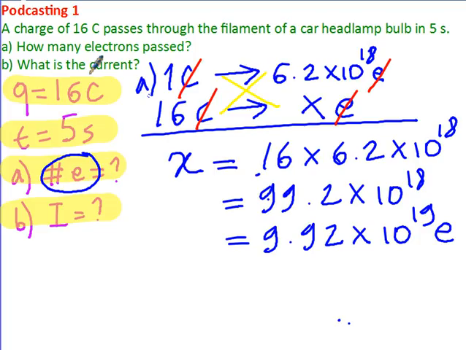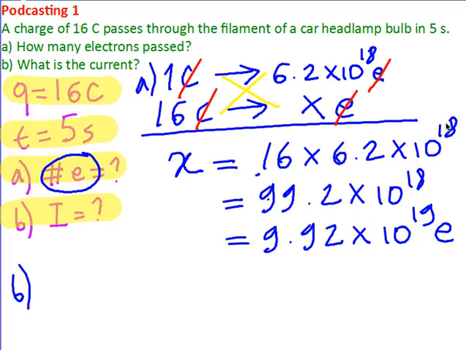So that's completed. And for B part now, which is independent of A in this case, because I'm not going to use any information from the A part of the question, I can easily do the B part first.